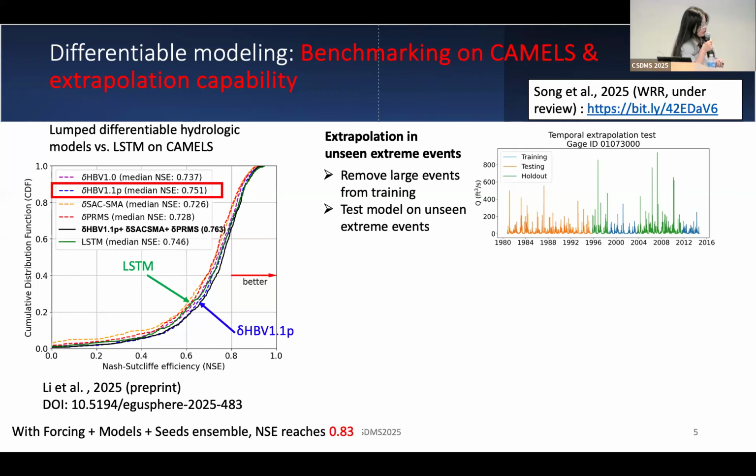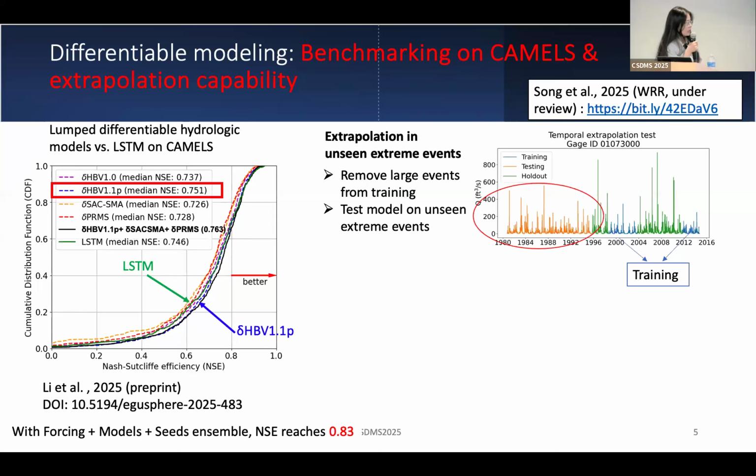In this test, we only trained the model with smaller events, for example those blue time series shown here. Then we removed those large events from the training data, like those green time series that are held out. And then we tested this model on a separate and continuous time series, like the orange one here.